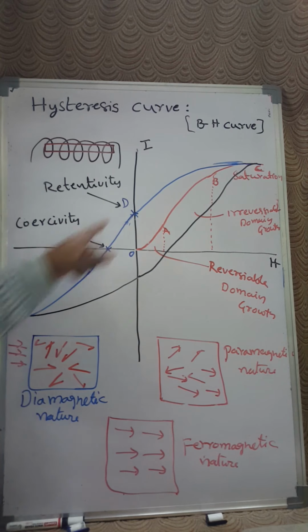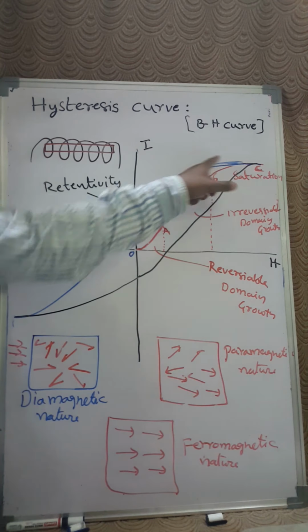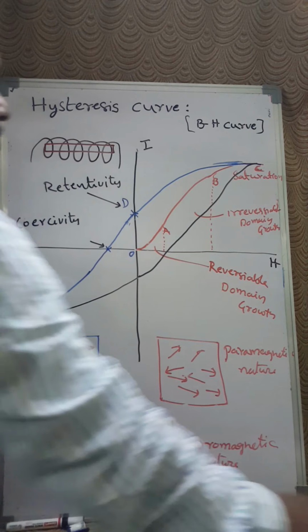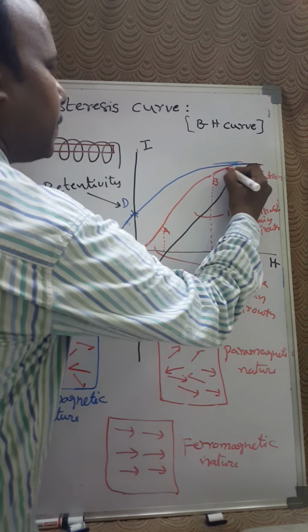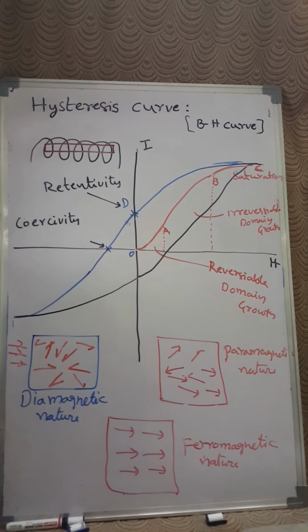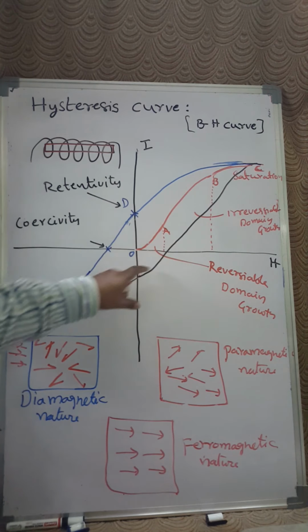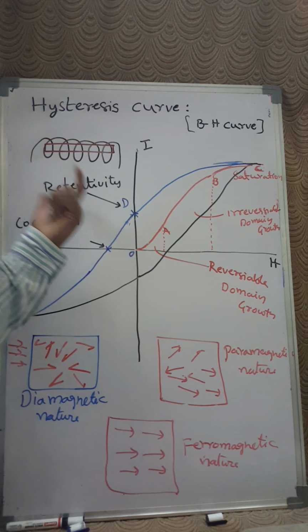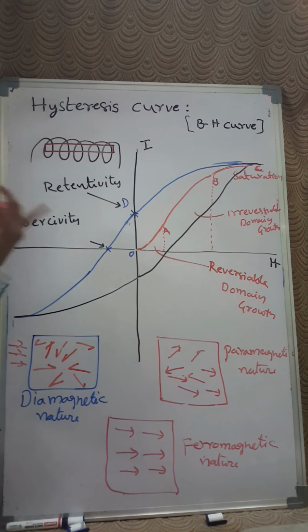Right? And if we do the loop as a cyclic process, you will see saturation curves here. If we do this experiment several hundred times, the saturation point for this curve will be a fixed one, but the path followed by the spin alignment may vary. From this BH curve, you can say whether a given substance is a soft magnetic material or a hard magnetic material.